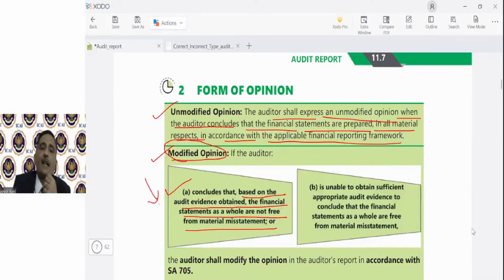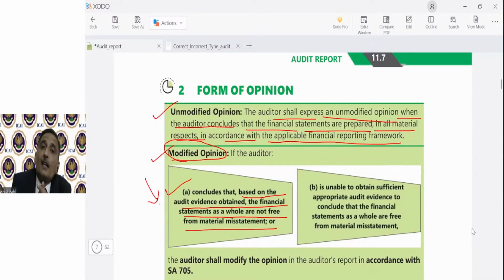The first thing is that when he concludes there are material misstatements in the financial statements, it should be backed by audit evidence. It is not only that he believes so, but his belief should be backed by audit evidence.